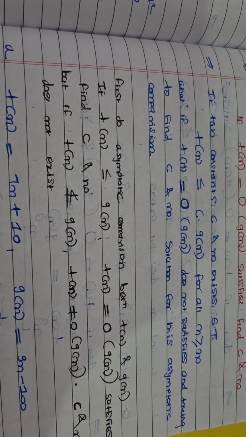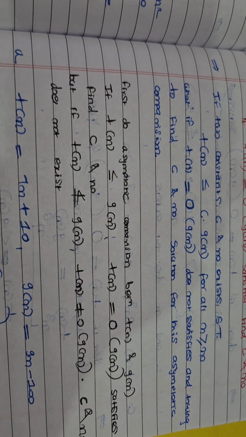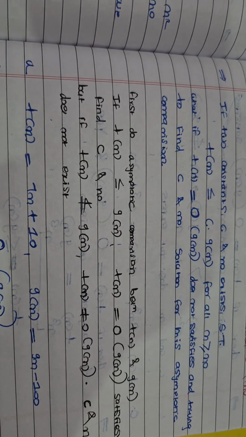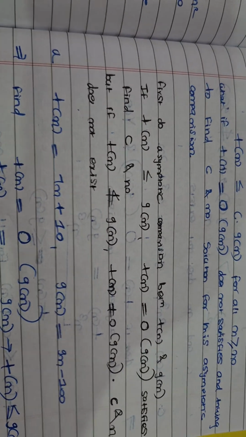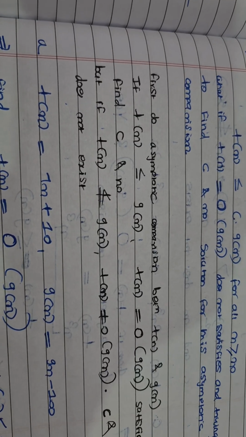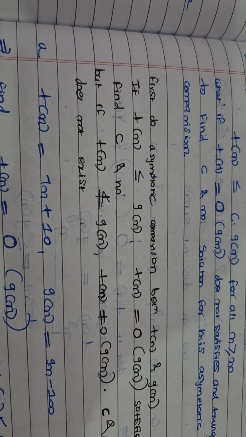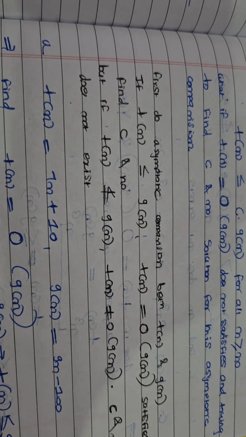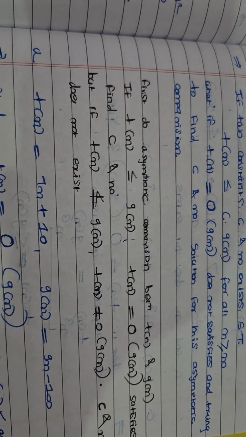To avoid this waste of time, we should first do the asymptotic comparison, which is comparing the most dominating term from both the equations. If it is not less than or equal to, then it won't be equal to O(g(n)) also, and then c and n naught do not exist. So that's the time-saving trick.